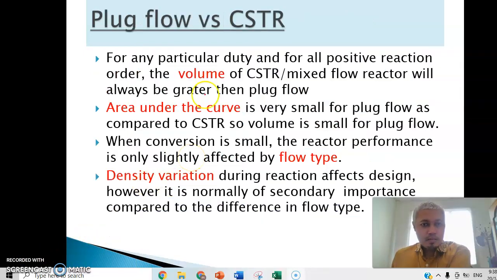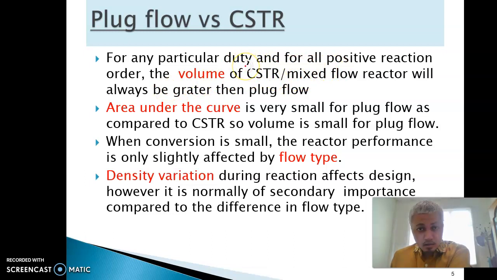For plug flow versus CSTR, for any kinetics and for all positive reaction orders, the volume of CSTR, or mixed flow, will always be greater than plug flow. Mixed flow is the other name of CSTR, okay. We have learned about this in week 11, in asynchronous video 2, where you need to watch that video again, because one of the questions is related to this part.